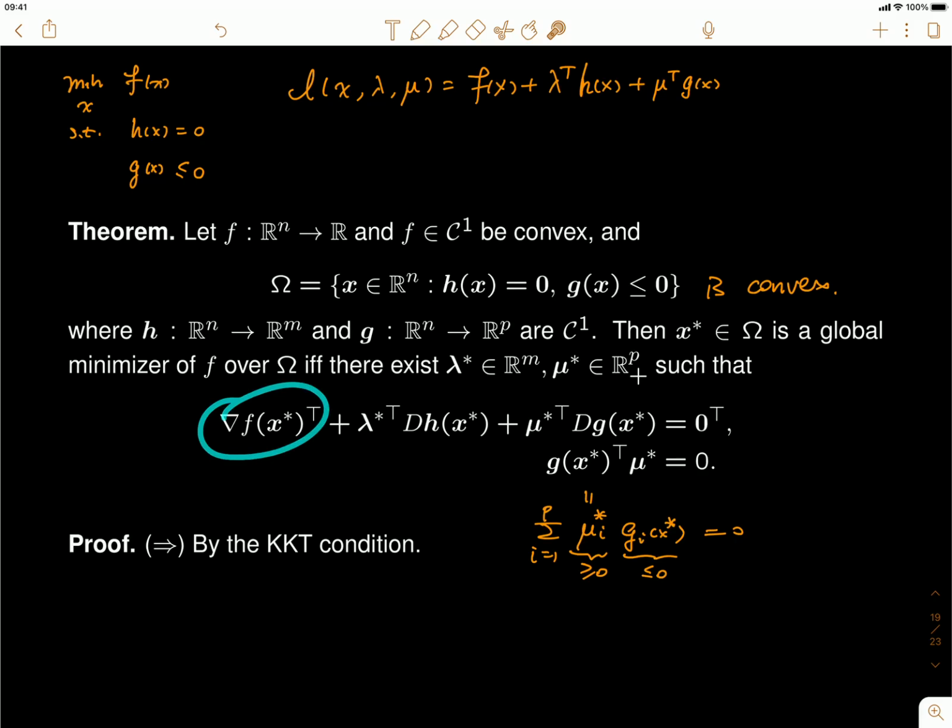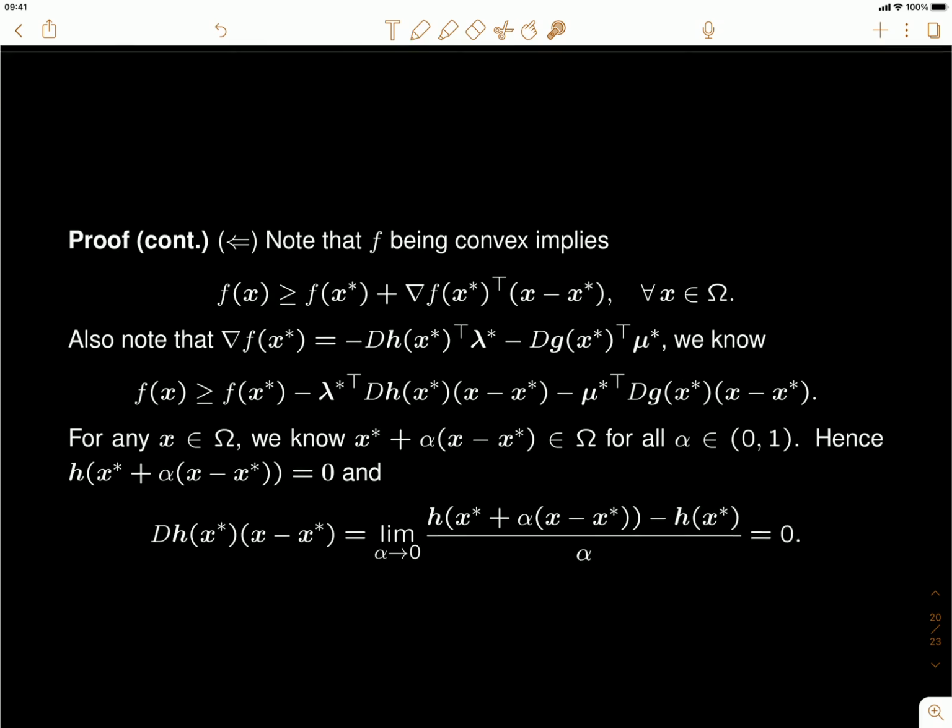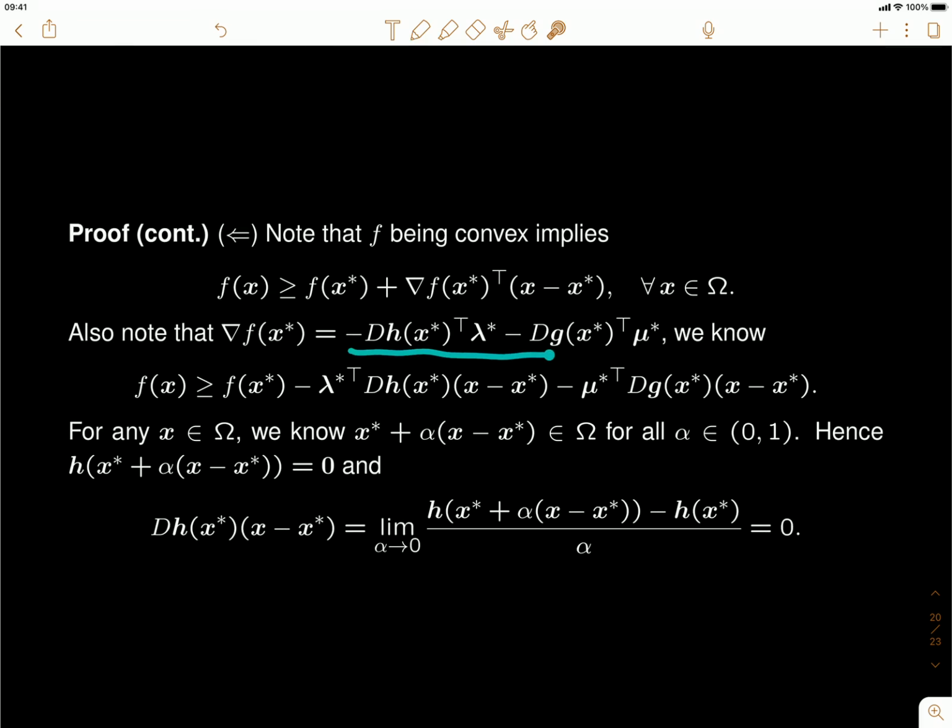So that means gradient f is equal to negative of this. Okay, so I just substitute the gradient f by the negative of this back in here, and now I will get that. Right, just simply substitute that gradient f star.